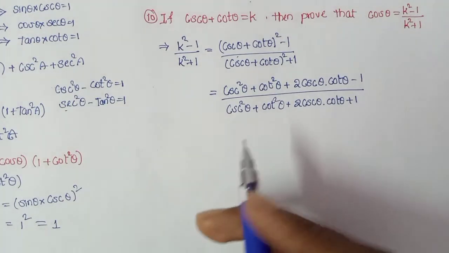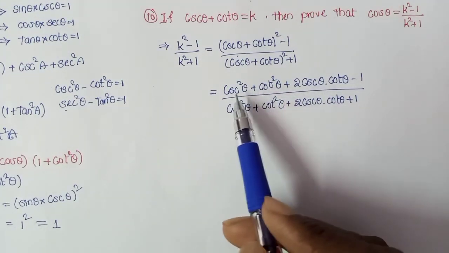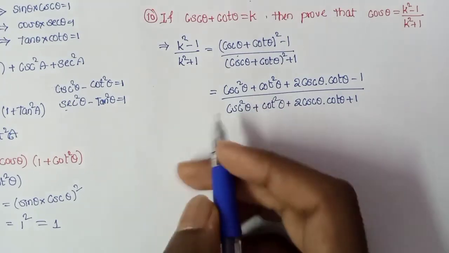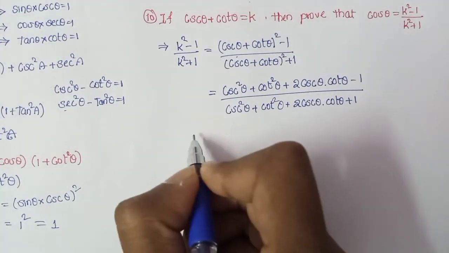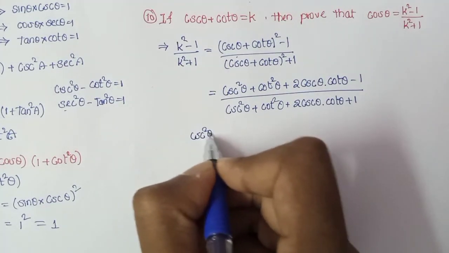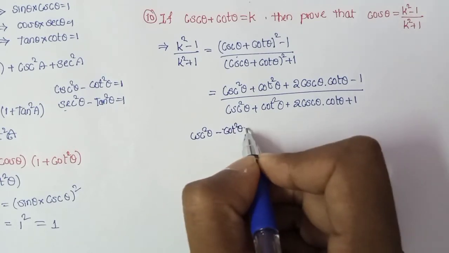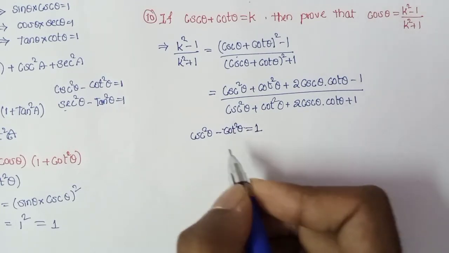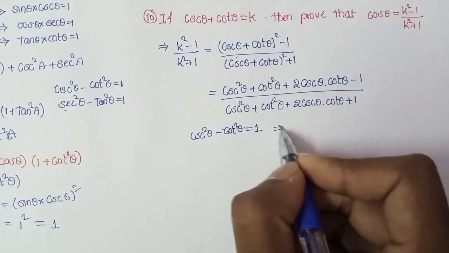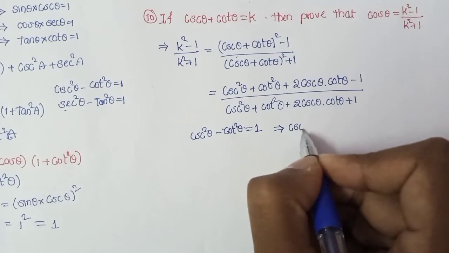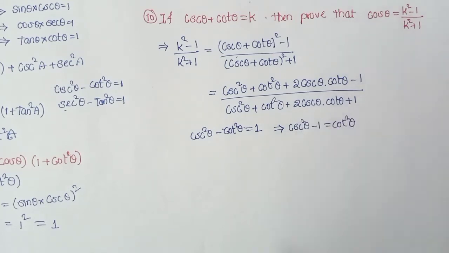If you observe this, we know identities here. One is cosec square theta minus cot square theta is equal to 1. That means here something minus 1 is there. You can write cosec square theta minus 1 is equal to cot square theta.